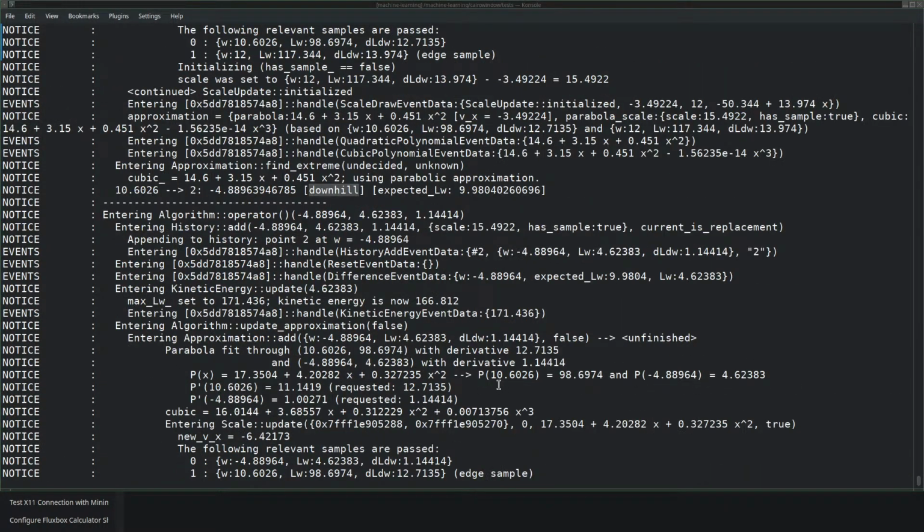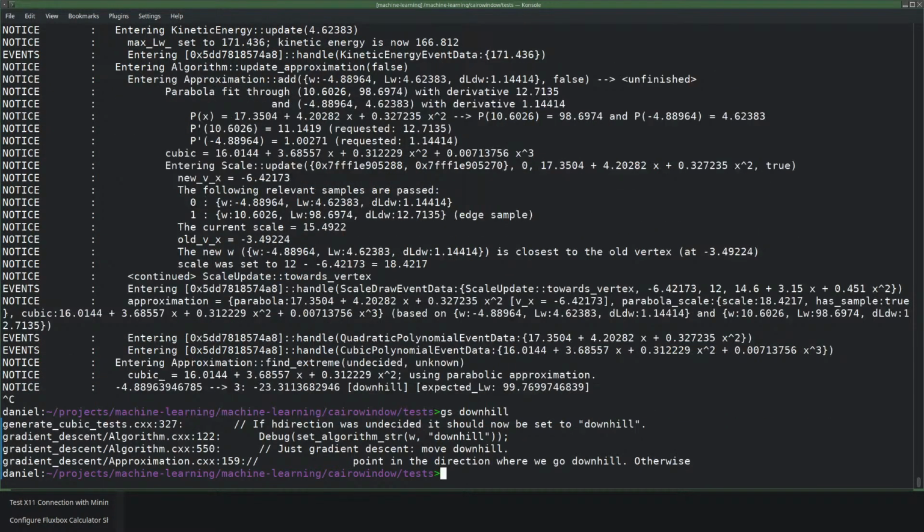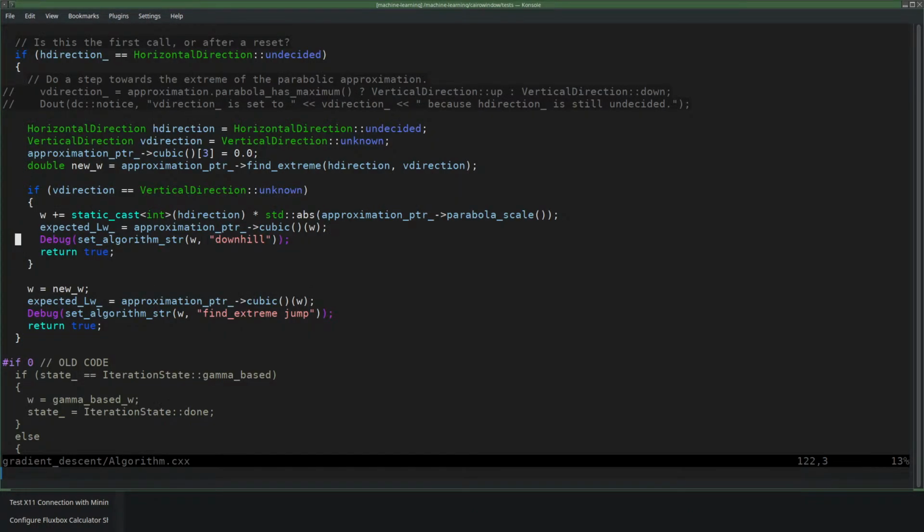It's all wrong. What is happening? Oh, okay, code doesn't work. Apparently, despite using the parabola, it is returning that it couldn't find anything.